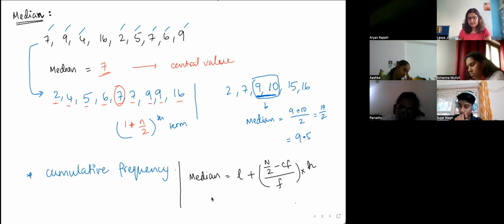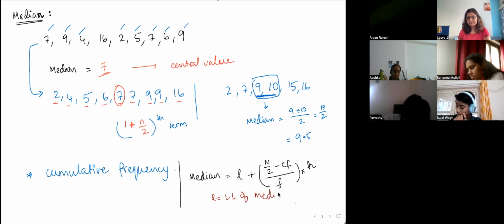So same things. L equal to lower limit of median class.